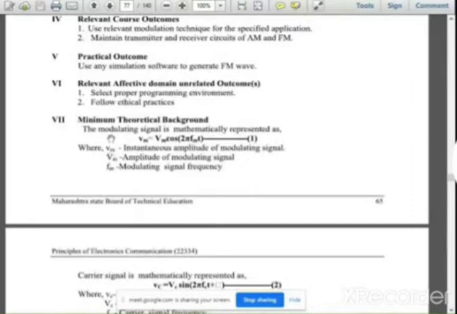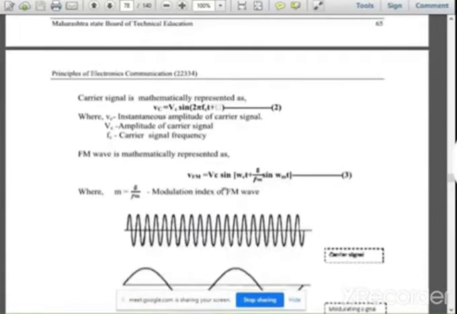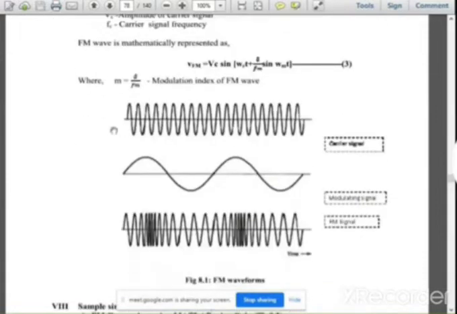The modulating signal is given as a mathematical representation as Vm = Vm cos 2π fm t, and the carrier signal is given as Vc = Vc cos 2π fc t. And this is how we will get the expression of the FM wave, Vfm.